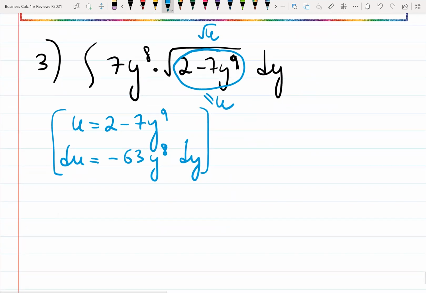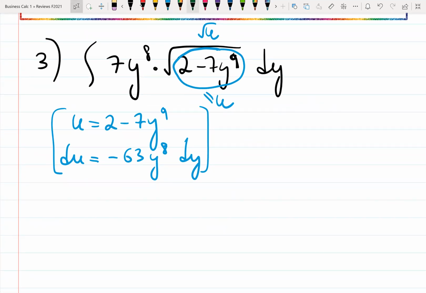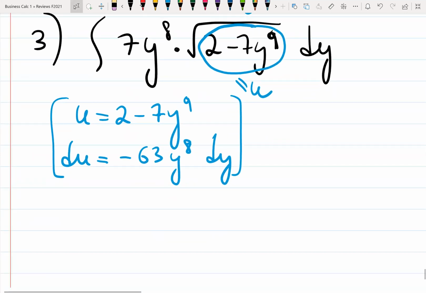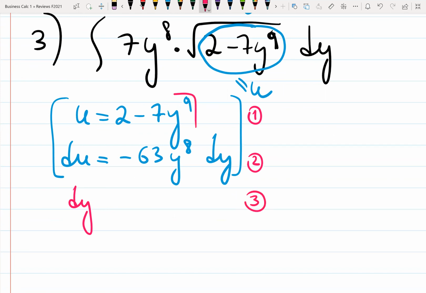Now it depends how you learn it. There are two ways of learning it, and I will explain how the book usually teaches it. You solve for dy, because we only need equation 1 and 3. We don't need equation 2. After all, we need dy, because we are going to plug u over here, and we need to also find dy to plug it there as well.